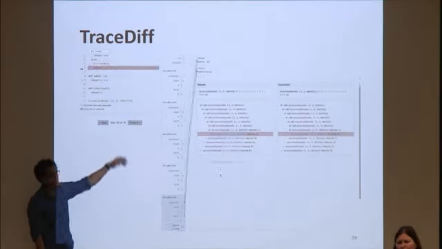Finally, another tool that we built, called Trace Diff, helps students to debug their code. In the beginning, they use Python Tutor to debug, but it's very hard for a beginner to understand how to debug the code. There is a lot of information, a lot of calls and pointers.